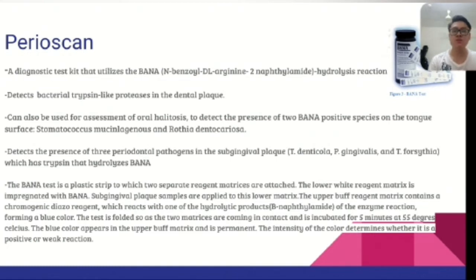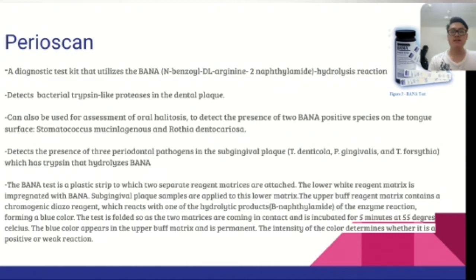It is also used to detect the presence of 3 periodontal pathogens in the subgingival plaque, which are Treponema denticola, Porphyromonas gingivalis, and Tannerella forsythia. These 3 microorganisms have trypsin that hydrolyzes BANA to give a positive reaction.